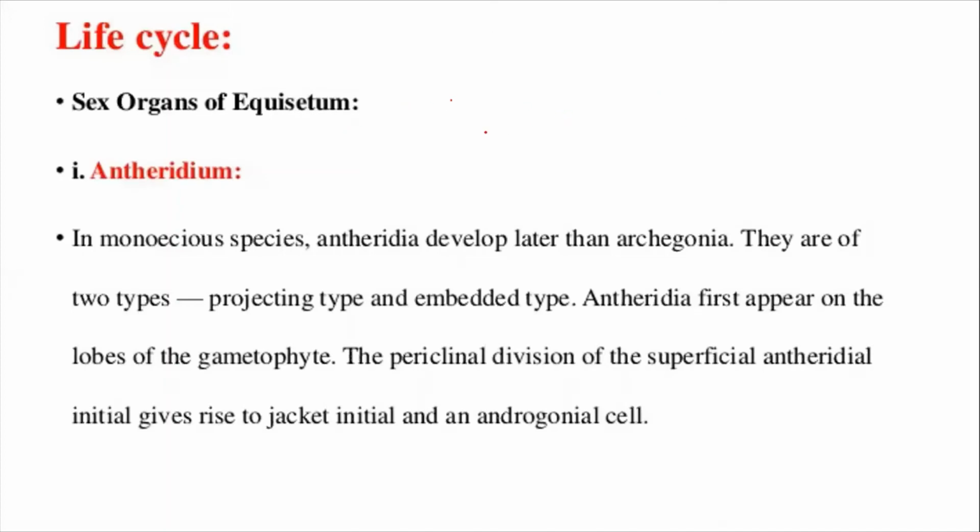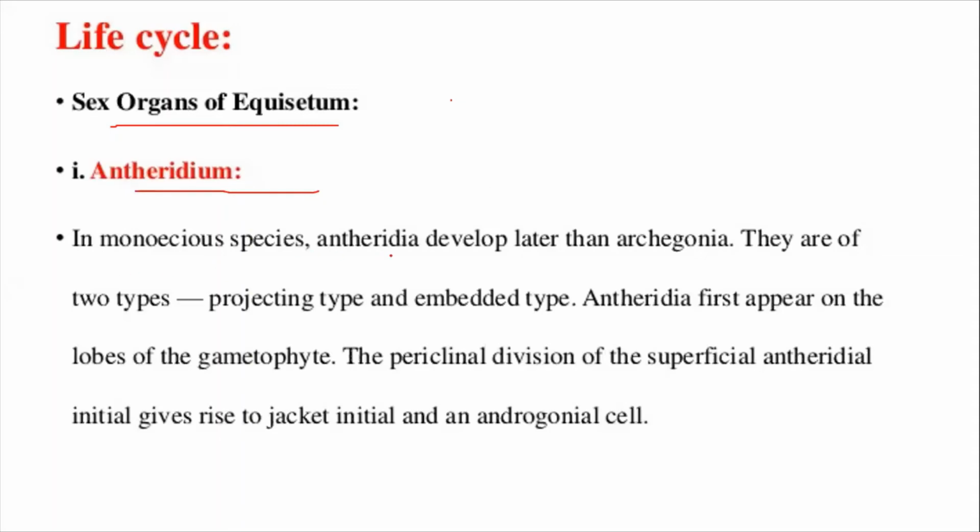Each spore undergoes several divisions and develops into a mass of tissue called a prothallus. On the prothallus, we can see the development of the sexual organs of Equisetum, the antheridium, which is a male sexual organ, and the archegonium, which is a female sexual organ.